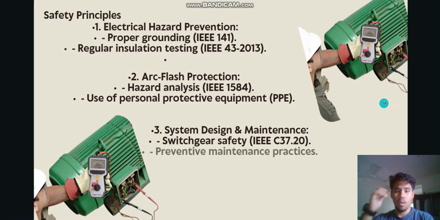So, safety principles. First, we have electrical hazard prevention. In electrical hazard prevention, we have two IEEE standards: proper grounding and regular insulation testing. And for arc flash protection, we also have two: first, hazard analysis, and the second, use of personal protective equipment, which is PPE.